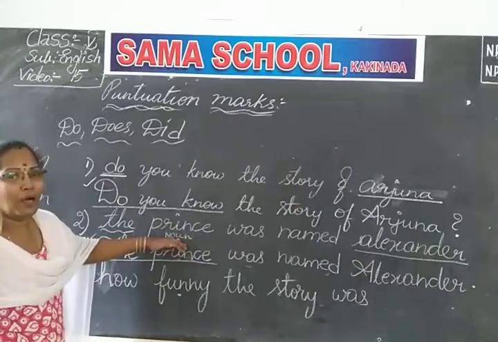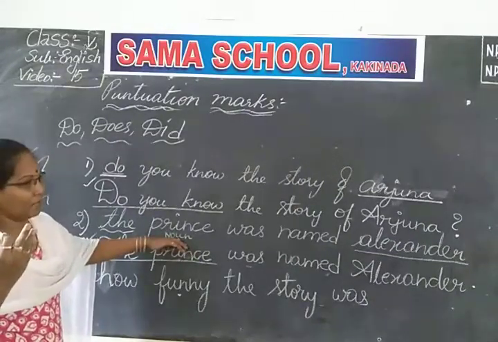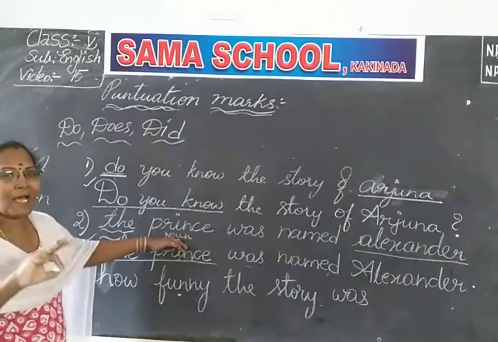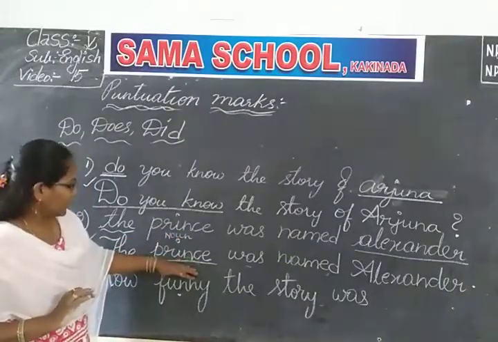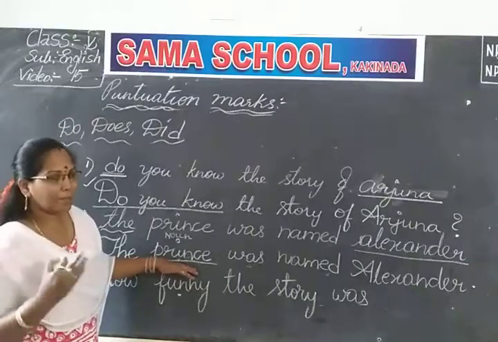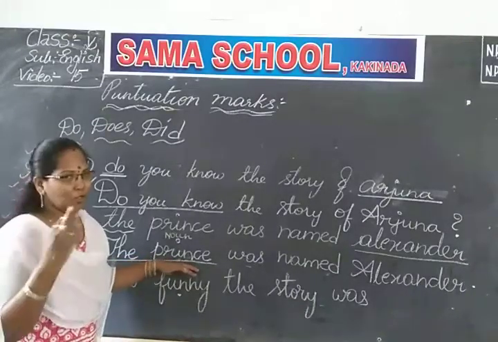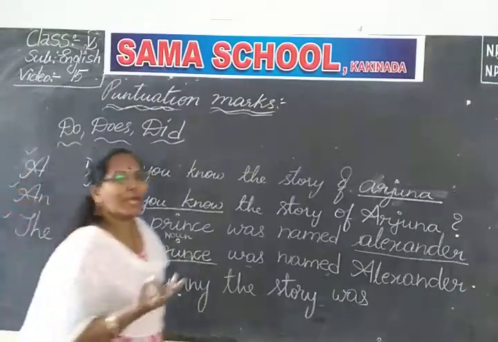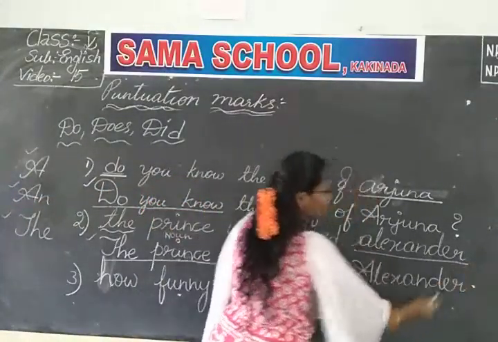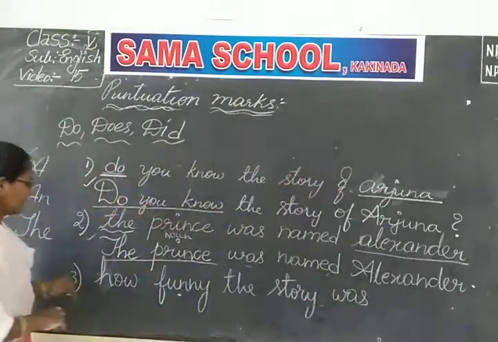Yes, we should use a full stop. Am I clear? That is considered a declarative sentence. So here prince is a noun, though it's a common noun or a proper noun, keep it in your mind. So it's a noun, that's why you should end the sentence with a full stop. This is clear. Coming to the last sentence.